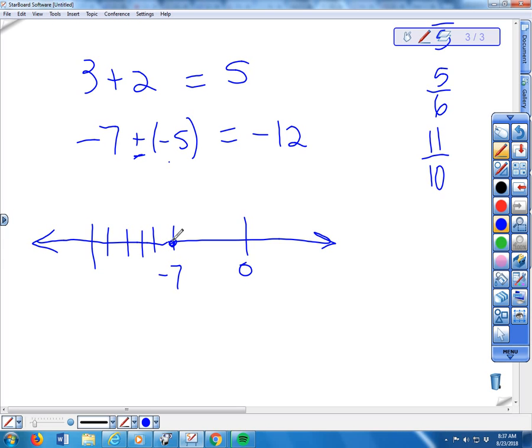Right? So now it's negative 12, which is what I got. Okay? So if both numbers have a positive sign, it's addition. If both numbers have a negative sign, it's addition. The final answer has the negative sign.